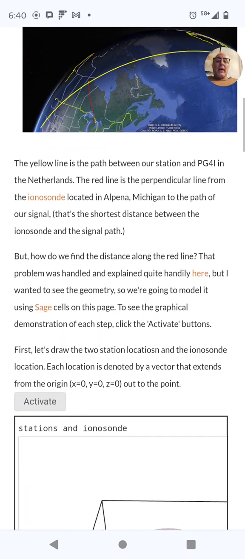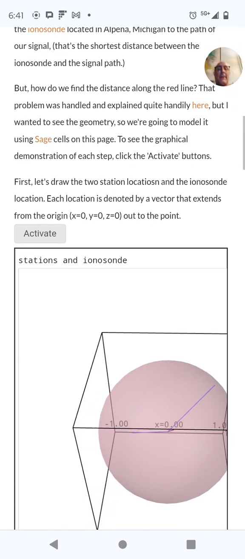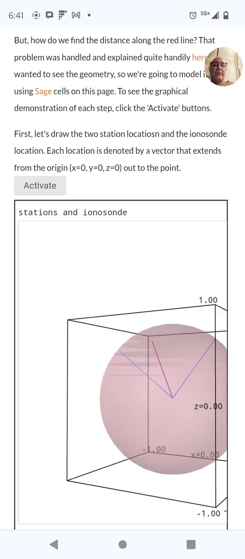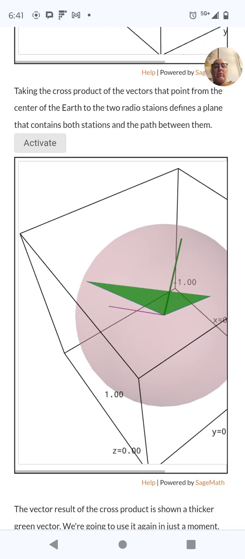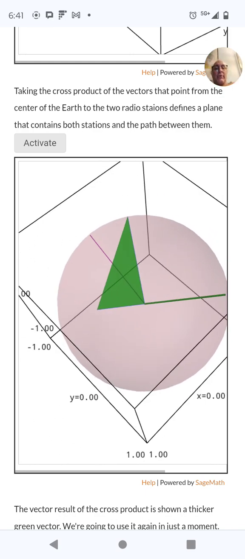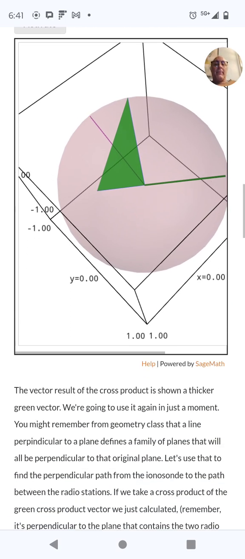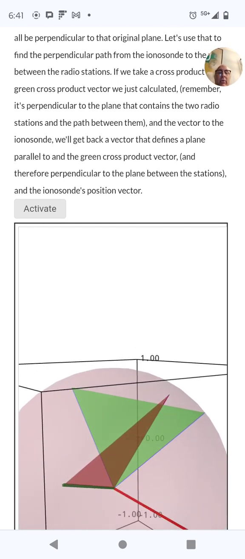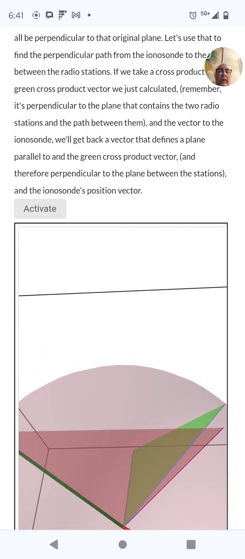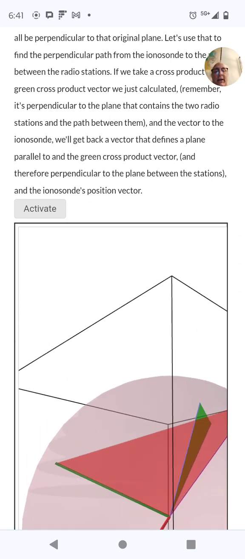So that's it. For perpendicular distance, you take a cross product of the two stations that are in blue there. That cross product gives you the bold green vector there. You take that vector and you cross product it with the ionosonde's position vector.